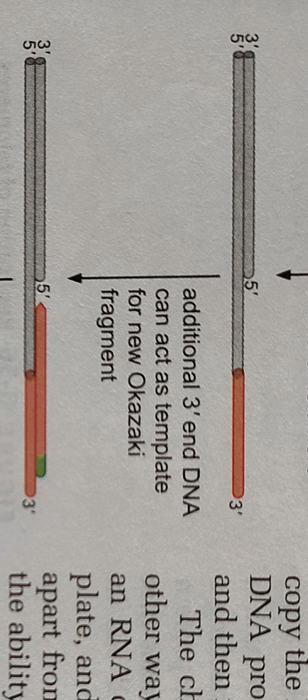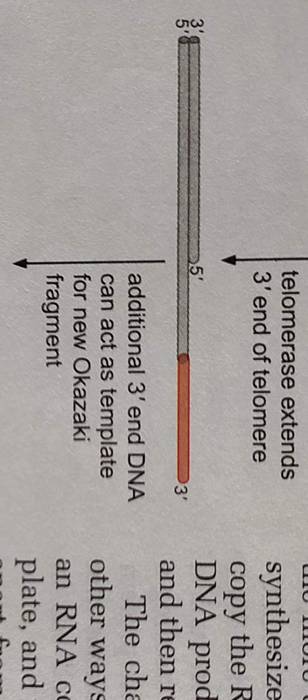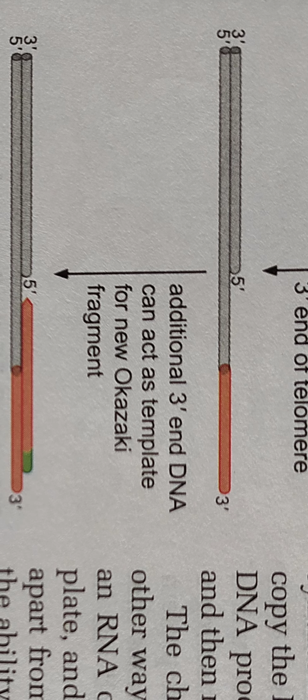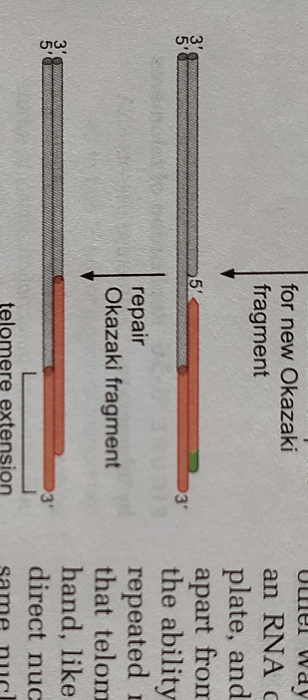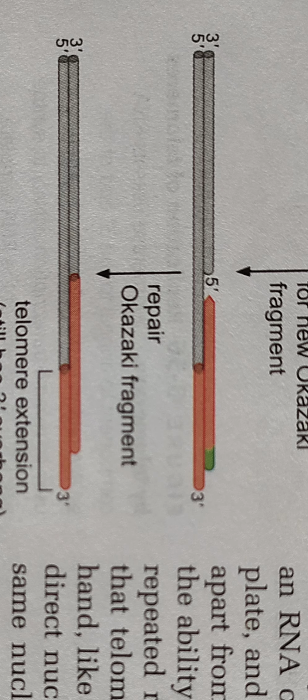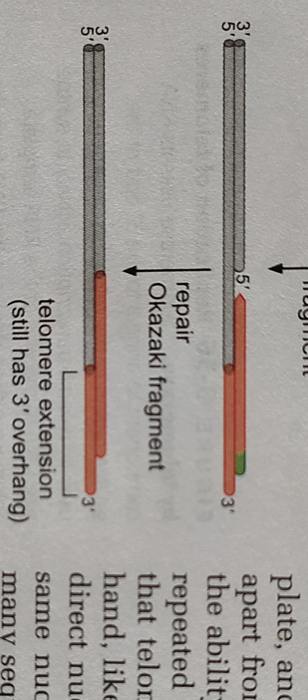Okay, so the additional 3' end DNA can act as a template for a new Okazaki fragment. So here we can see, and we fulfill that gap. This telomerase extension still has a 3' overhang, but it is of no use because it is a repeated sequence.